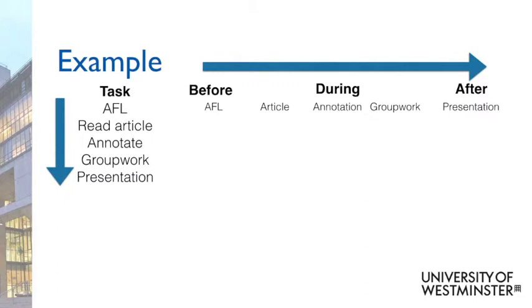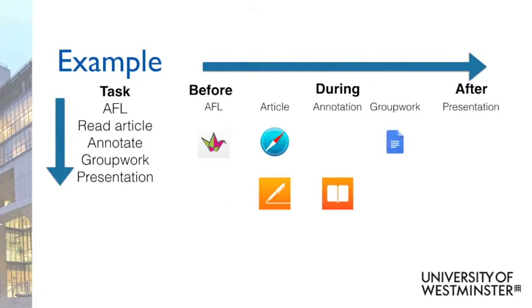This is how it might break down before sessions, during the session, and after a session. The students use Padlet to organize their initial thinking. They then look at articles online. They may look at the EPUB that you have created for them. They then work together using here Google Docs, and they might create their own Padlets.